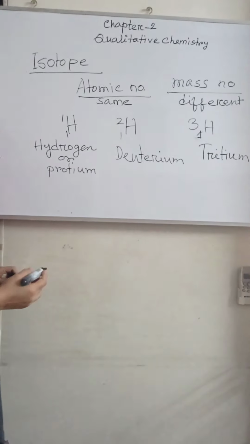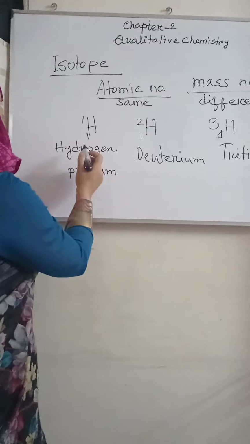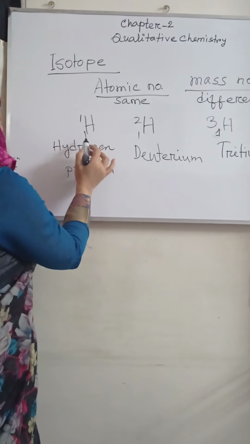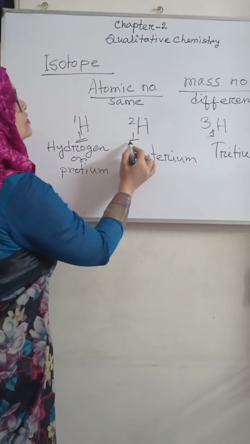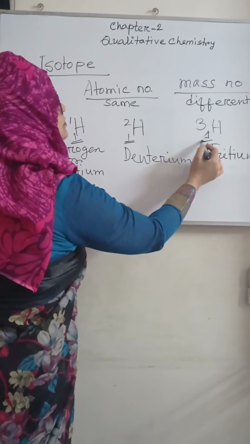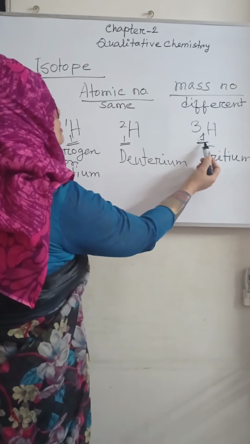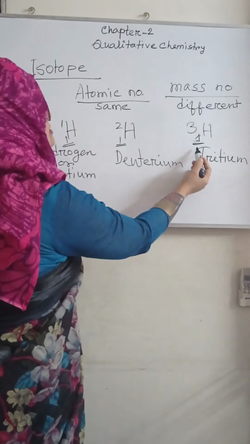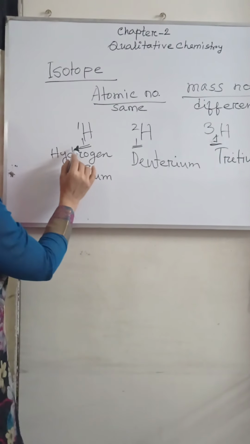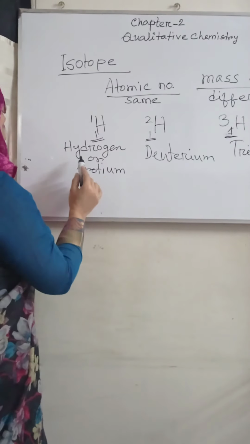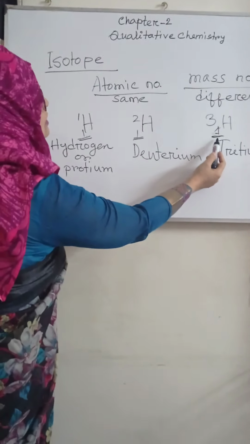These three are isotopes of hydrogen, and look here, the atomic number of these three atoms is the same. We can write atomic number as a subscript with the symbol. So here the atomic number of hydrogen is 1, deuterium also 1 and tritium also 1.